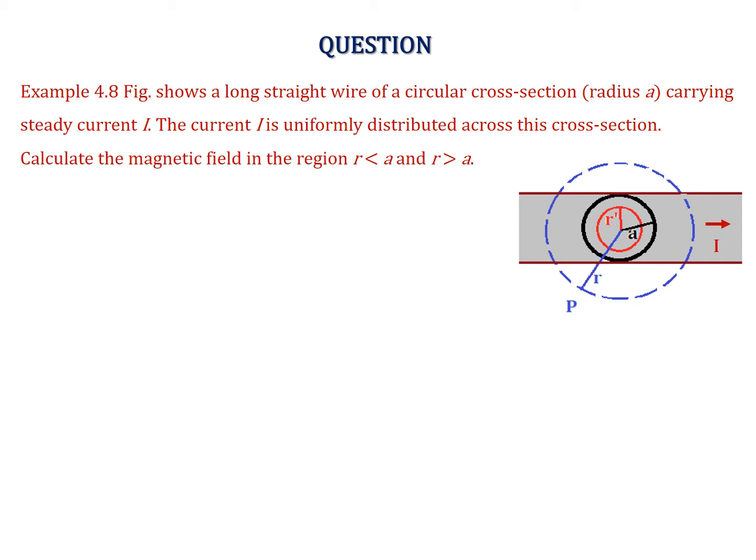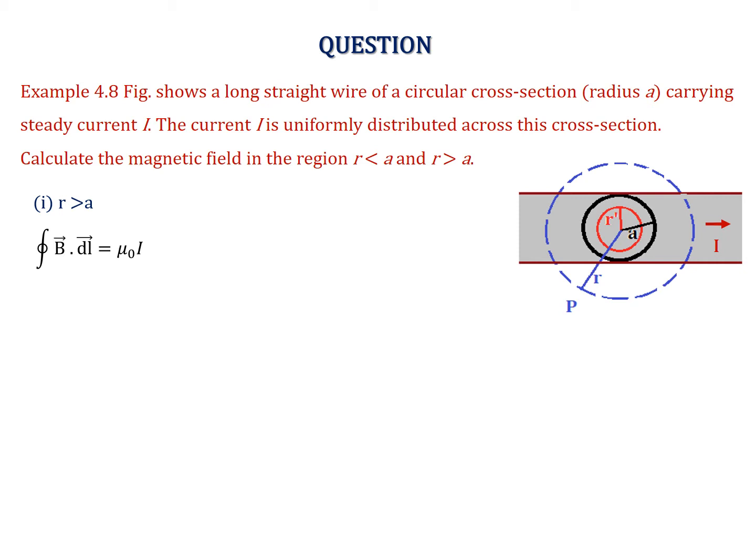So for r greater than a, the point is lying outside the wire. To apply Ampere's law, we need to choose a closed loop enclosing this current carrying wire. According to Ampere's law, integral of B dot dl is mu naught I. This part of the question is exactly the same as the magnetic field due to a straight current carrying conductor.